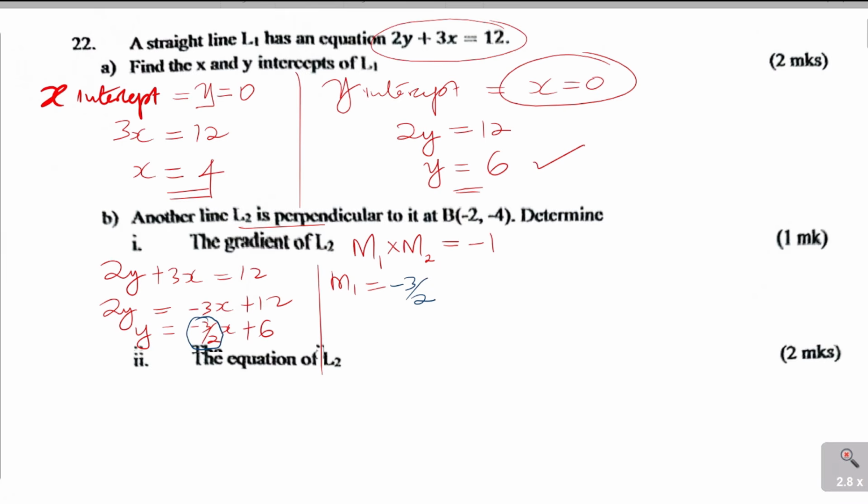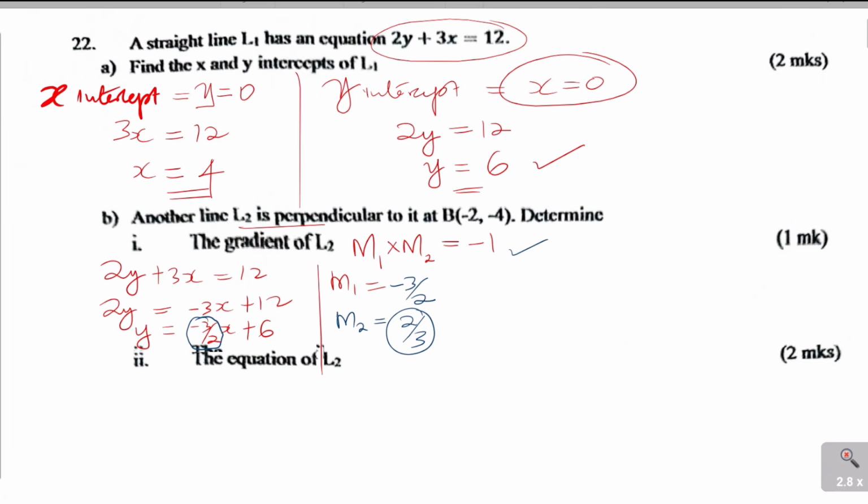Since when two lines are perpendicular the product of their gradients is -1, m2, the gradient of L2, will be the reciprocal of that with the sign changed, which is 2/3. So m2 will be 2 over 3, and you notice that m1 times m2 gives -1. So the gradient of L2 is 2/3.